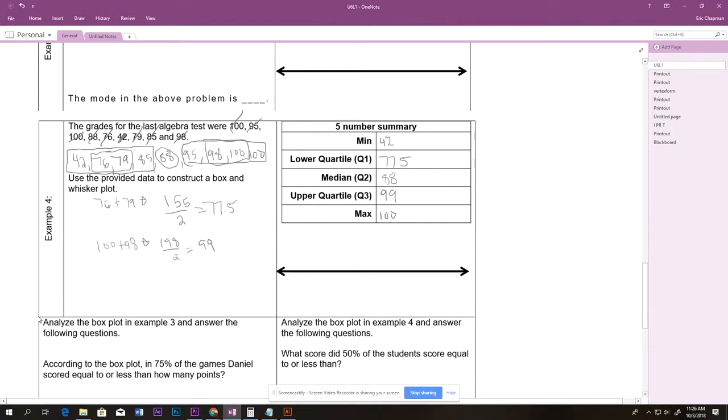Next, we are going to make a scale. 42 is not an even number, so let's start with 40 and just count up. Make these about as even as you possibly can. Let's count by 5: 45, 50, 55, 60, 65, 70, 75. Actually, let's start over. Let's make that scale smaller so we can get all of our values in there.